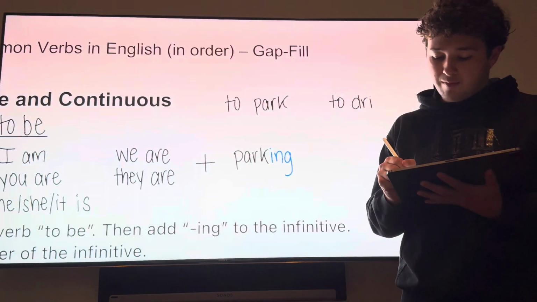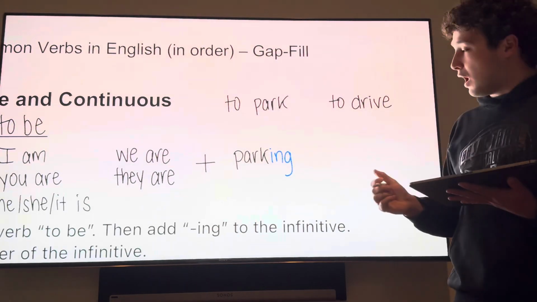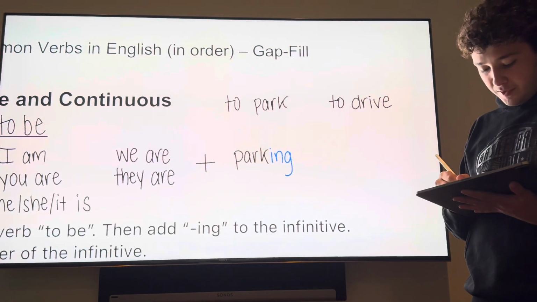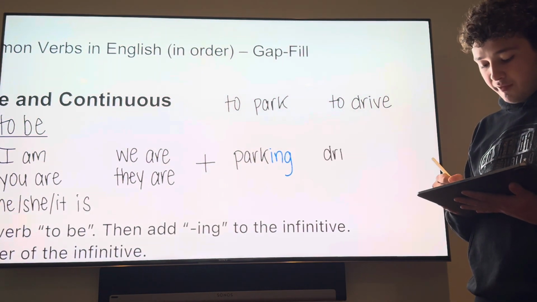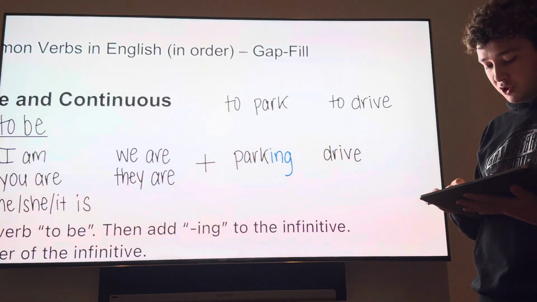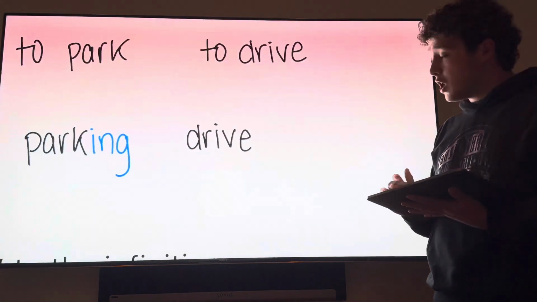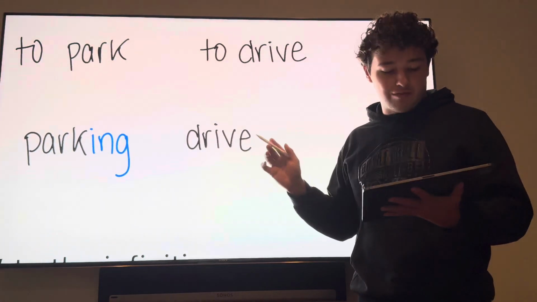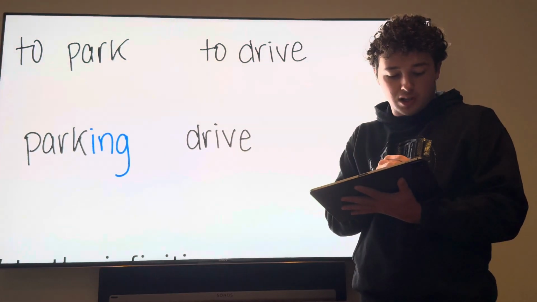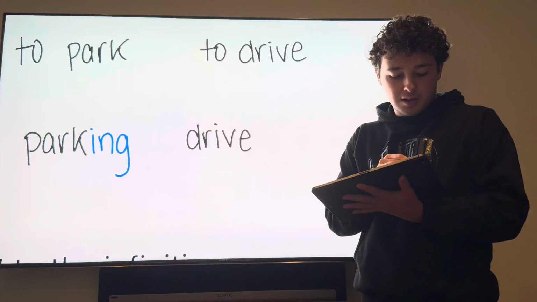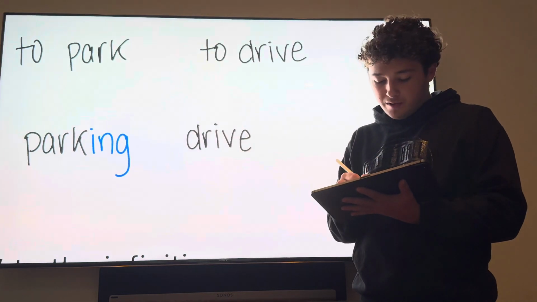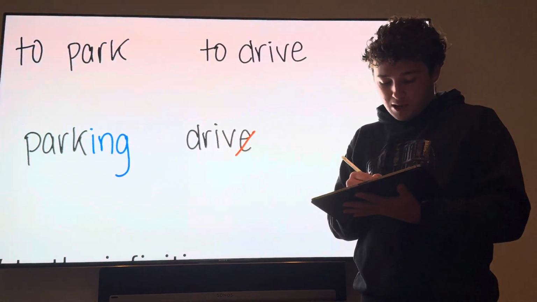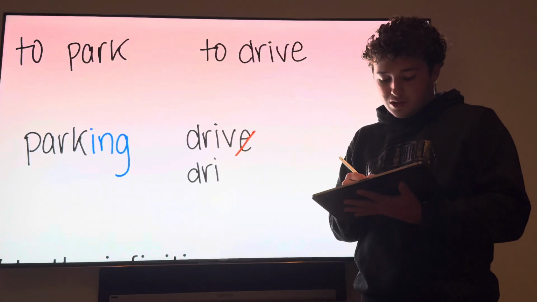To drive. Drive would be the same. You take the infinitive here, the original. However, you do want to notice the letter E at the end. We get rid of that before we add the ing. So get rid of the letter E, and it would simply be driving.